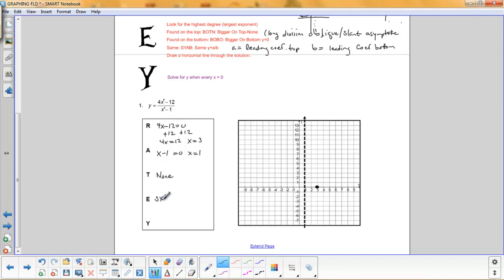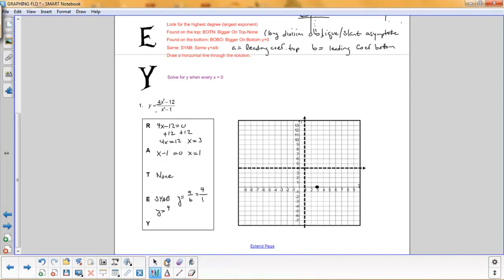S, Y, A, B. That's going to be y equals a over b. A is the leading coefficient of the top, 4. B is the leading coefficient of the bottom, 1. So that means my horizontal asymptote is at y equals 4 over 1, which is 4. Place a horizontal line through that solution there. All right.